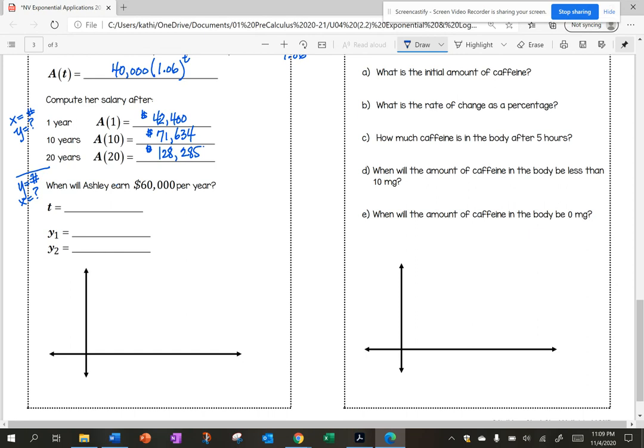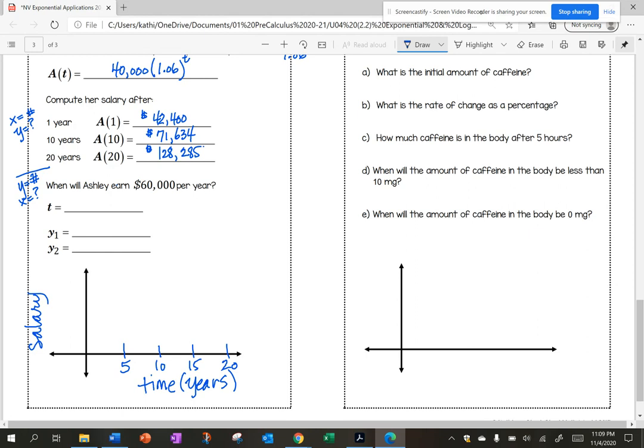All right, so I want to graph these 3 points that we just got data for. In my horizontal axis, this is going to be my time in years, and I need this for 20 years. So 5, 10, 15, 20. And my y-axis is going to be my salary, and it's going up to 128,000.